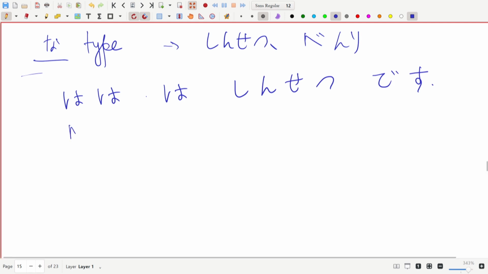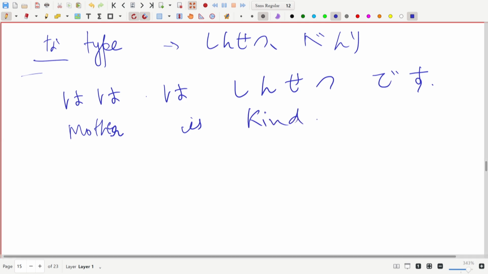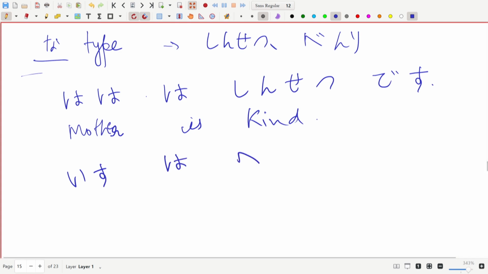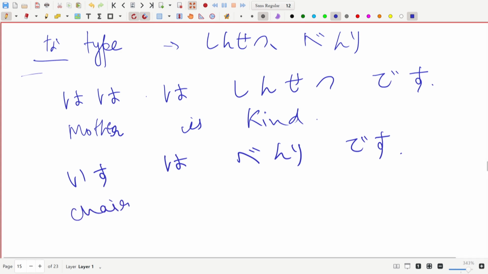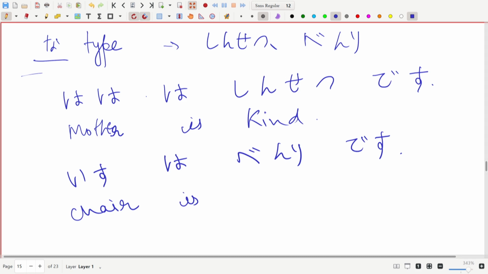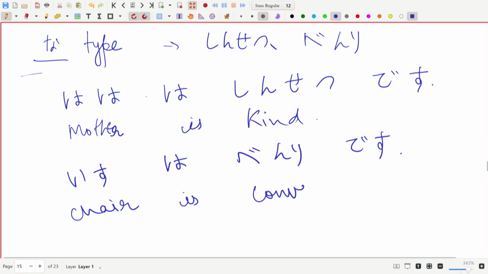Mother is kind. Now if we want to say chair is convenient, isu wa benri desu. Chair is convenient.